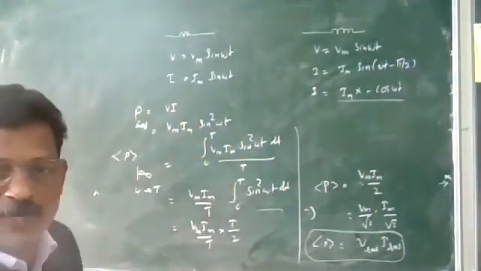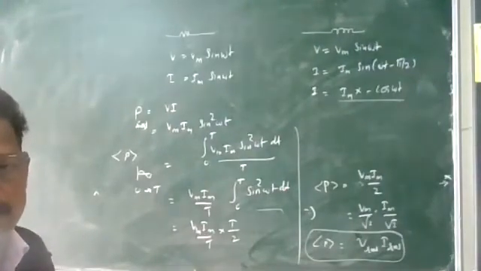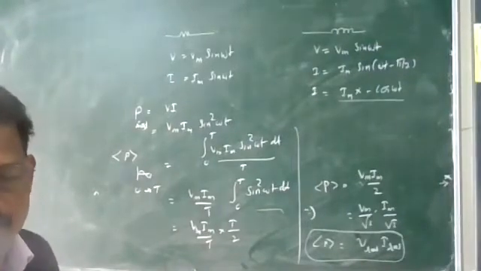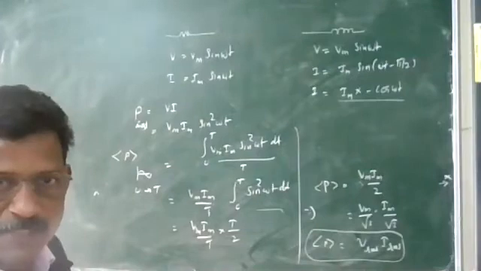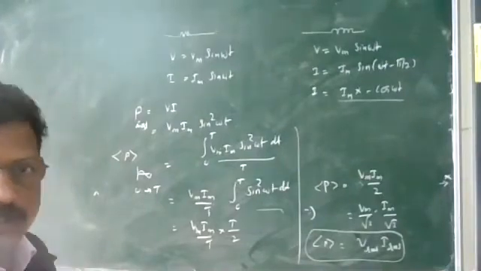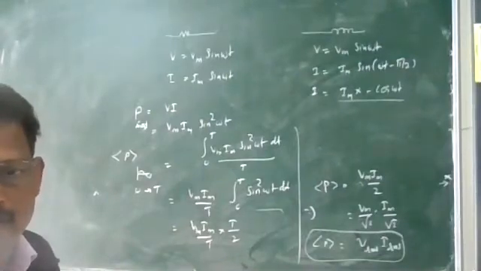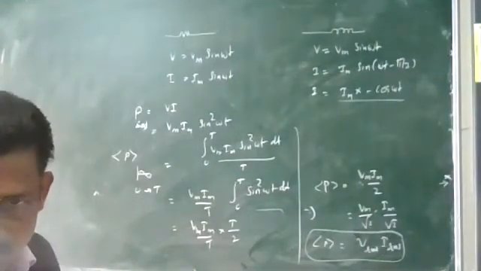So when current is flowing, the average power dissipated, the heat energy produced, is calculated by VRMS into IRMS, a direct numerical unit. Wherever you see voltage and current specified, they stand for RMS values. The average power of a resistor circuit is VRMS into IRMS.